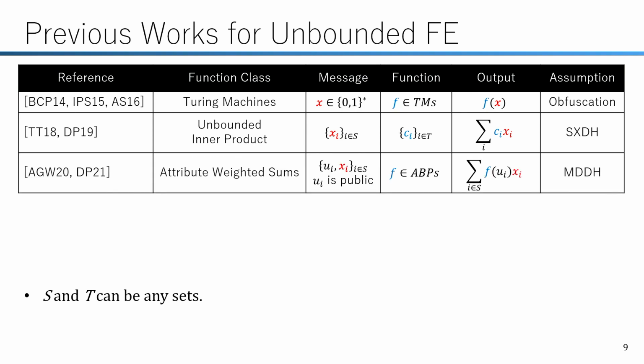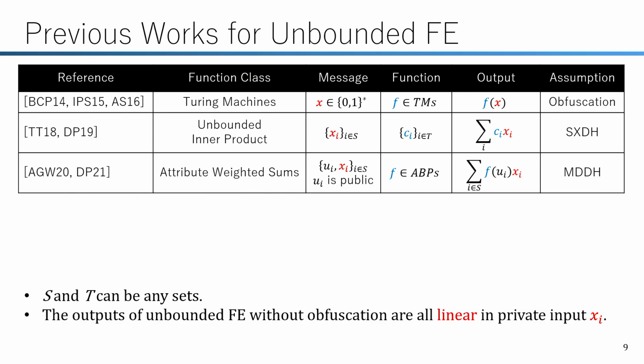Recently, a new class of functional encryption for attribute-weighted sums was proposed from the MDDH assumption. This also computes a linear function over the private input, but the coefficients are computed from an arithmetic branching program, which is associated with the functional key and the public part of the message, x_i.